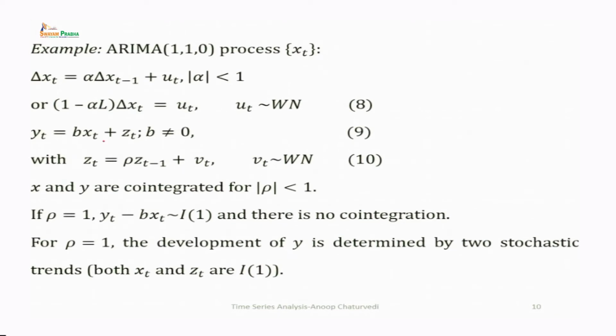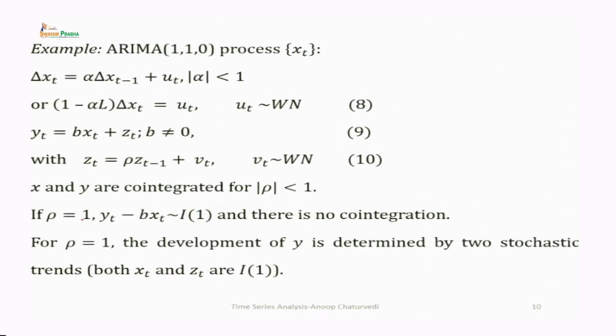Y t is equal to b x t plus z t, and b is not equal to 0, say. And z t follows an AR(1) process, z t equal to rho z t minus 1 plus v t. Again v t is a white noise process. Then x and y are co-integrated for mod rho less than 1. So, for mod rho less than 1 there is no problem.